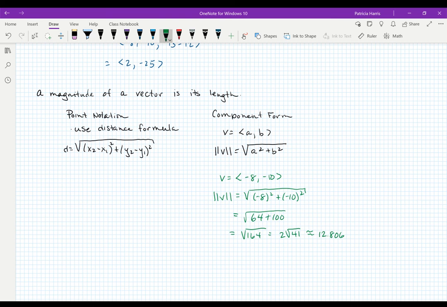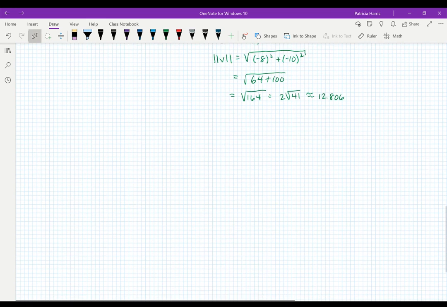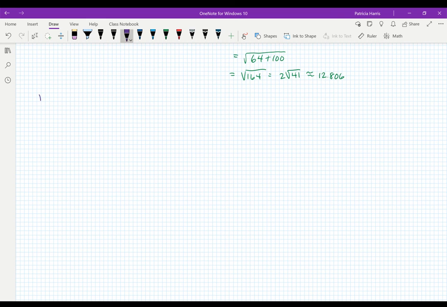Remember, a vector is magnitude and direction. So let's talk about direction. You'll notice that a lot of this stuff looks familiar.